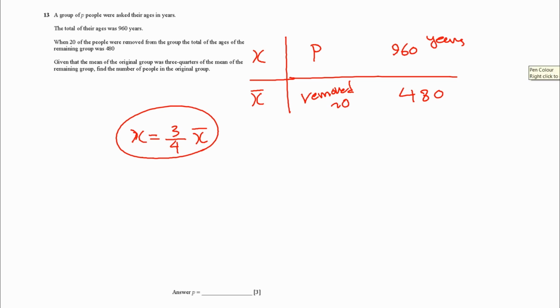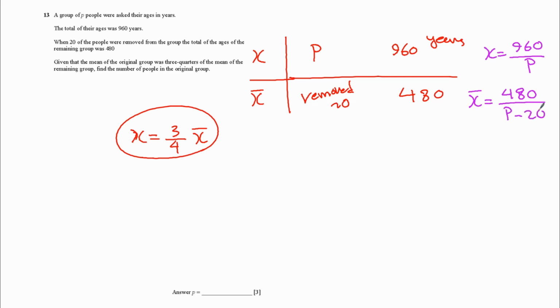So X is 960 divided by P, basically total years divided by number of people. In the second one, X bar, the total years is 480, but the number of people this time is P minus 20 because we have removed 20 people.